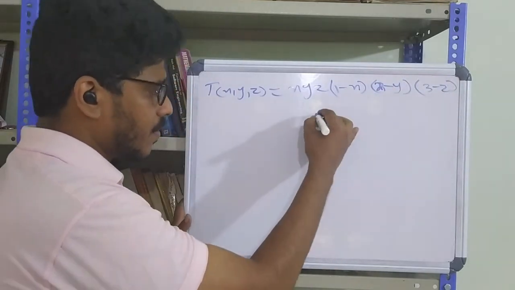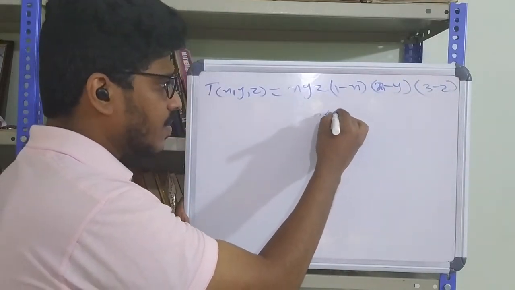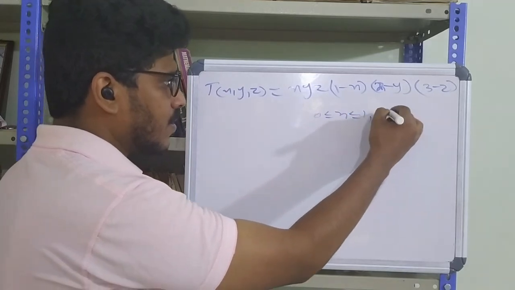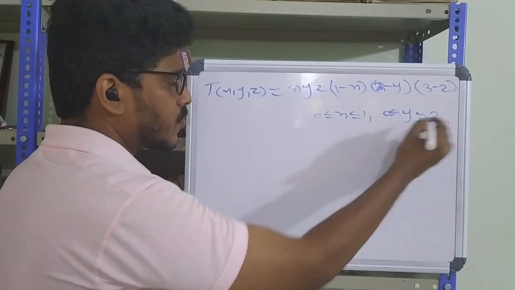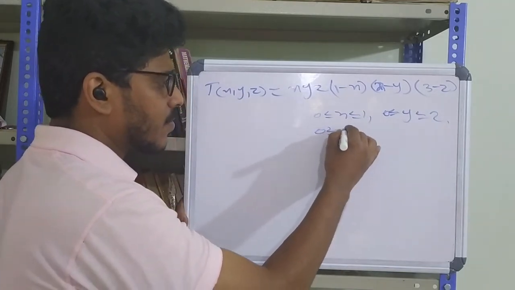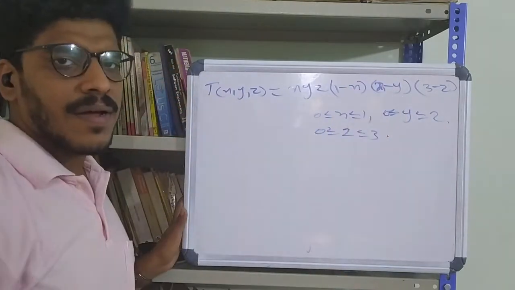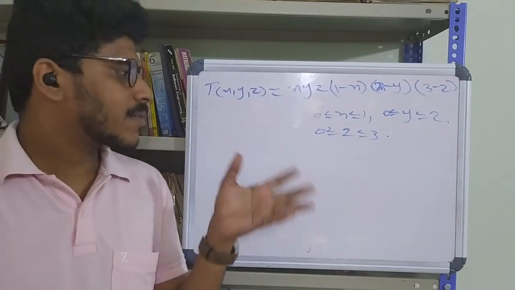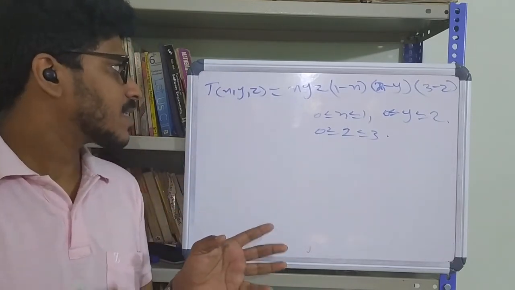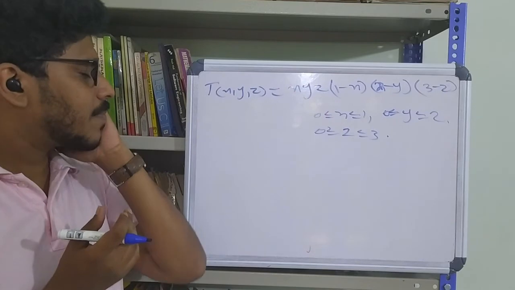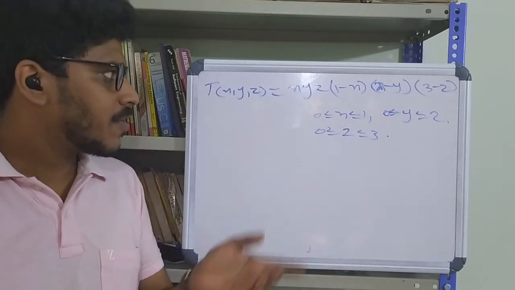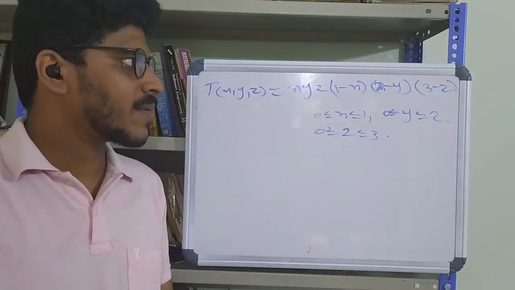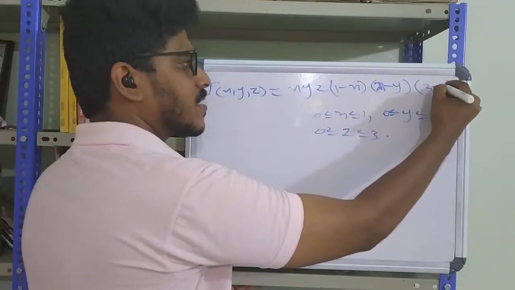Here x is between 0 and 1, y is between 0 and 2, z is between 0 and 3. So we have a rectangular box, and the temperature inside is given by this function. This is not 2, this is z.